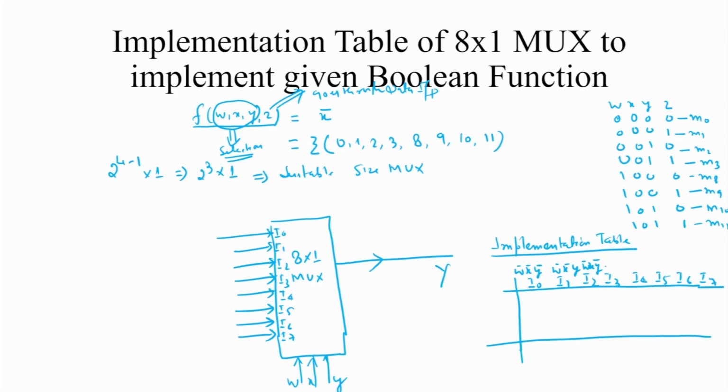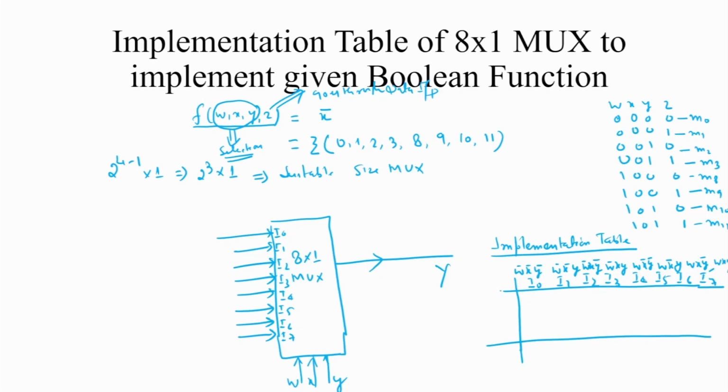Similarly I3 is represented by W complement, X, Y; I4 is W, X complement, Y complement; I5 is W, X complement, Y; I6 is W, X, Y complement; and I7 is W, X, Y. This means in this multiplexer, when W, X, Y are all 0 0 0, the I0 input is selected. Similarly, when 0 0 1, I1; similarly 0 1 0, I2 and so on.